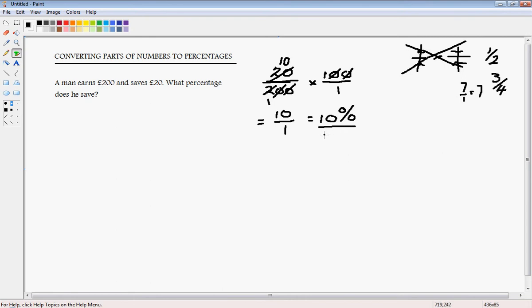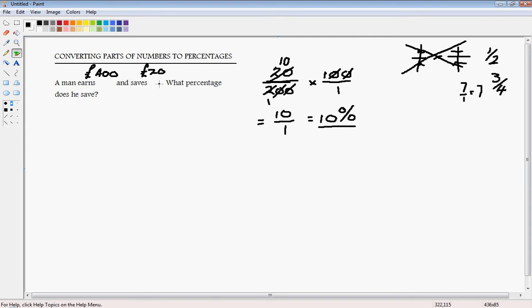Okay, so let's change the numbers here. Okay, and we'll say that he earns £400, and let's say that he saves £20 again from his money.